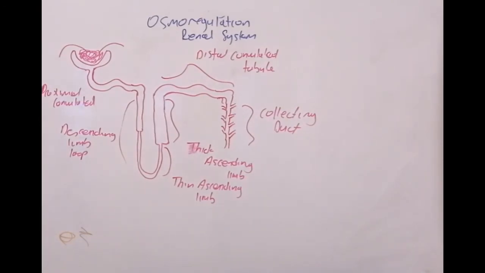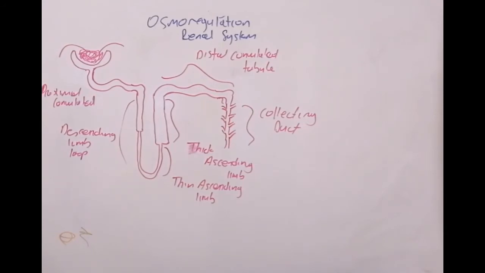This is not deep anatomy and it's not going to be deep physiology as well, but it's important to know these different sections because there are drugs that target different sections of the nephron.